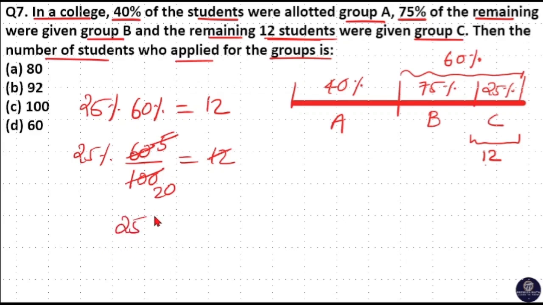That means 25% here is 20. Then 100% is 25 into 4 is 100. Then 20 into 4 is 80. So option A is your answer. That is, total number of students is 100%, which is equal to 80, because 25% of students is 20. That means 100% of students is 80. That is, total number of students is 80.